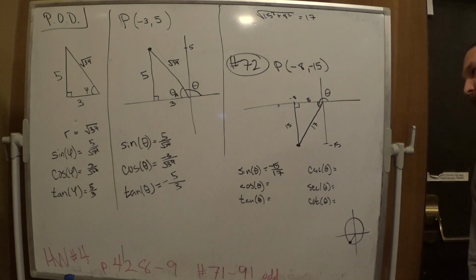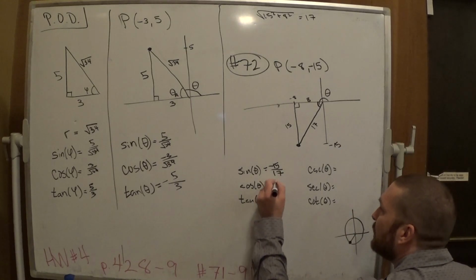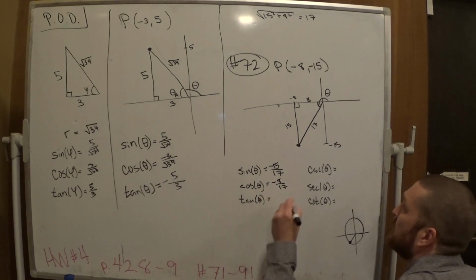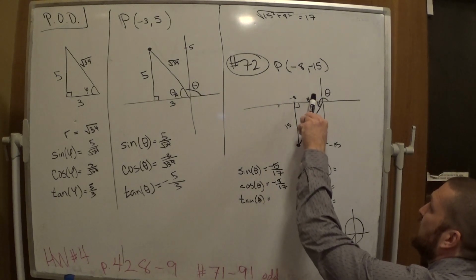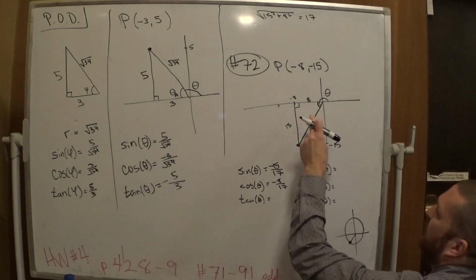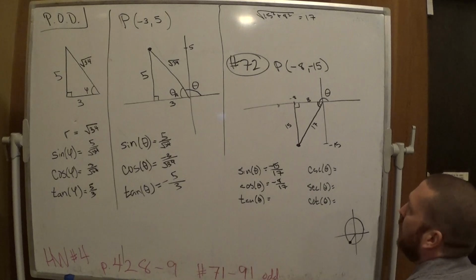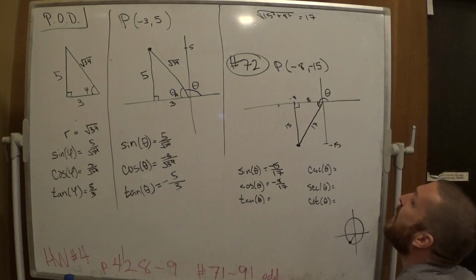So, okay, what's cosine? Negative 8 over 17. The way I would do this is I would look here and say, okay, cosine is adjacent over hypotenuse, so 8 over 17. Then I ask myself, is the x value negative? Yes, it is. And so, negative. What about tangent? Positive.